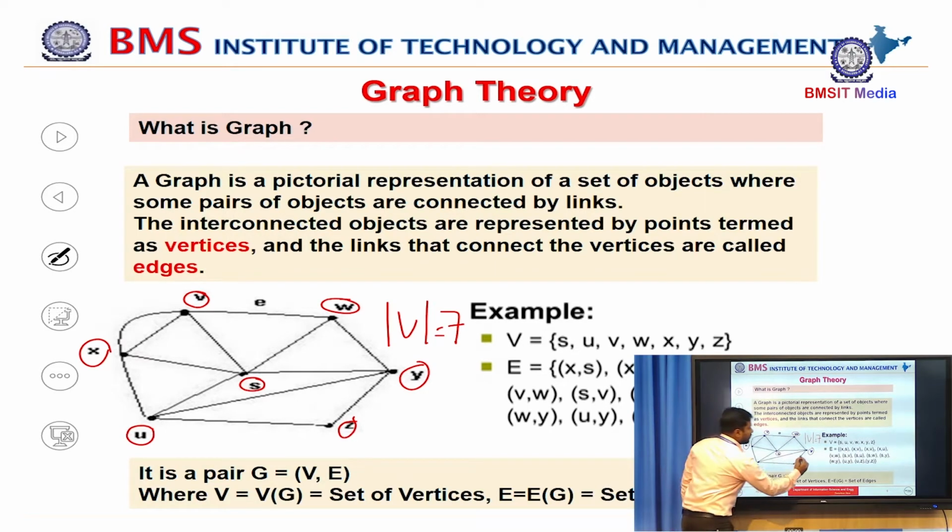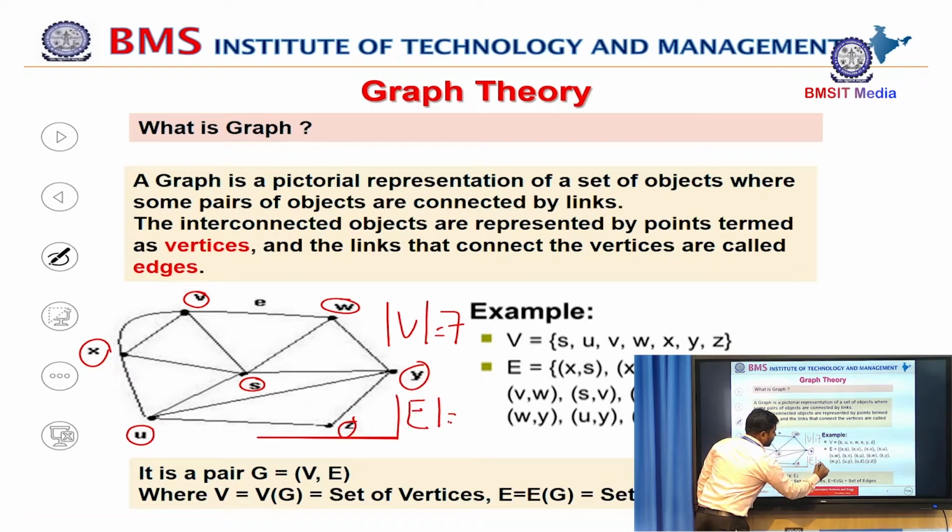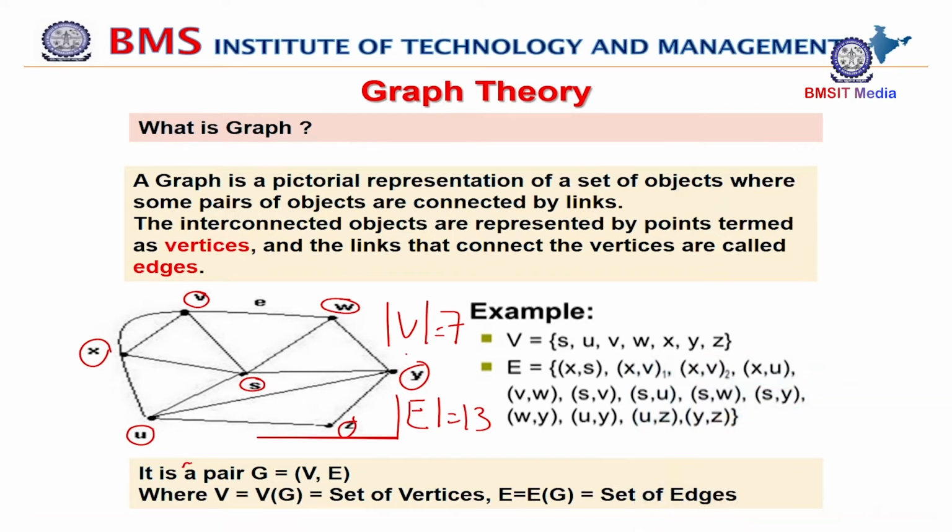So, the size of the graph is |E|. In this figure we have 13 edges. So, we have represented here the order of vertices in this graph G and the size of the graph, that is the number of edges.